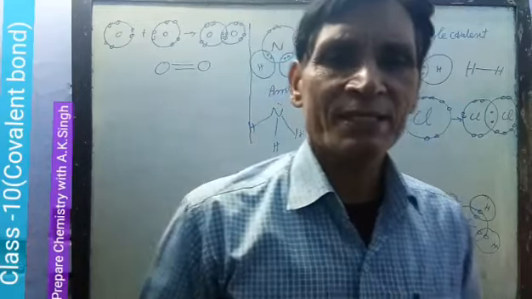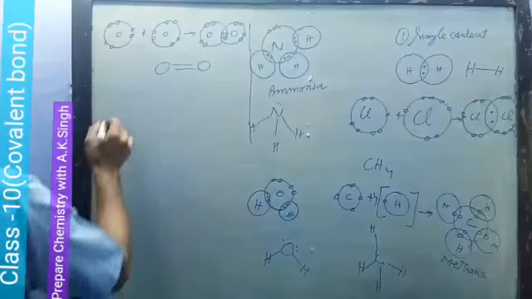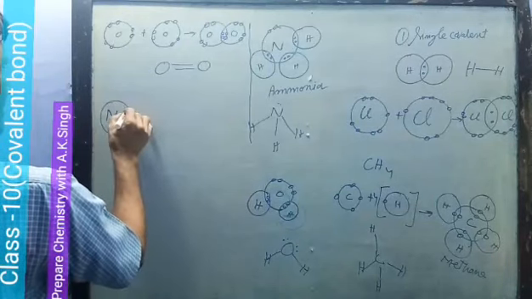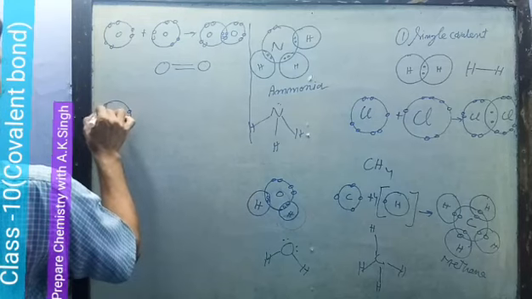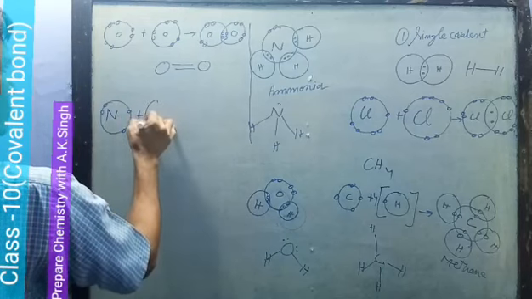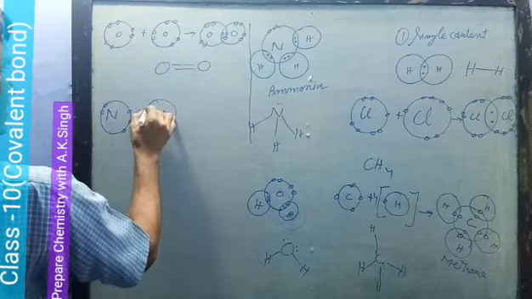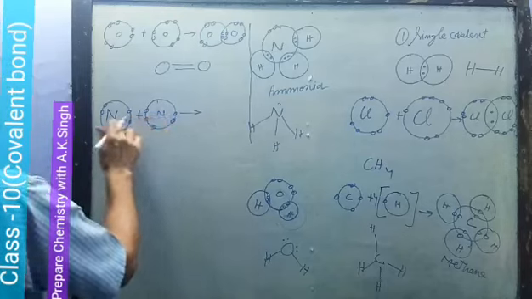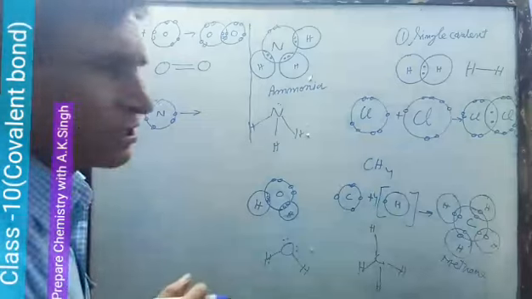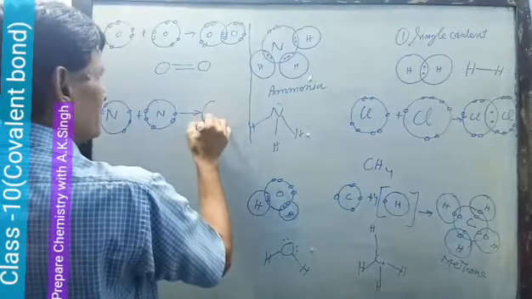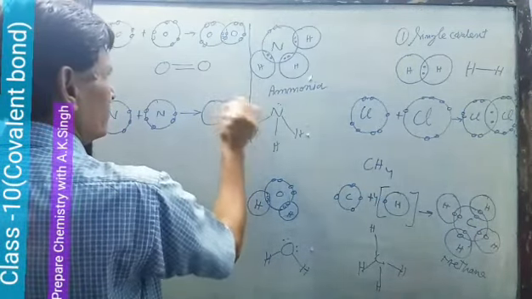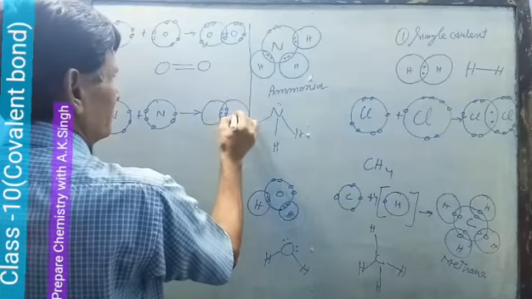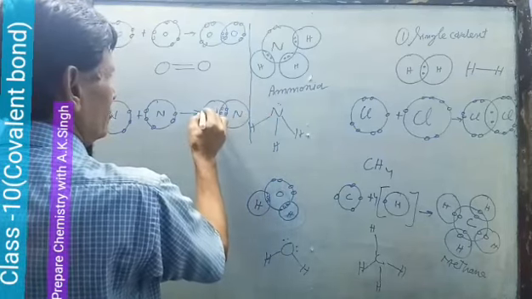See the example, like nitrogen. One nitrogen atom is having 5 electrons. Another is also having 5 electrons. Each atom needs 3 electrons for octet configuration. Now there is formation of nitrogen molecule.